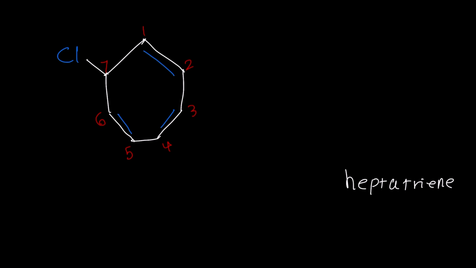Since we have a ring structure, this is going to be cycloheptatriene. And in this case, you do need to specify the positions of the double bonds on the ring because you actually have more than 1 double bond on the ring.